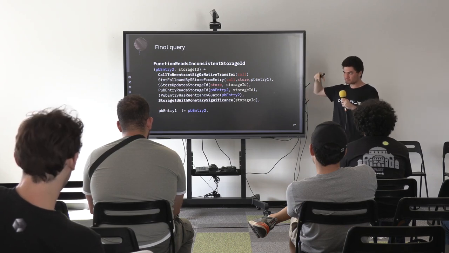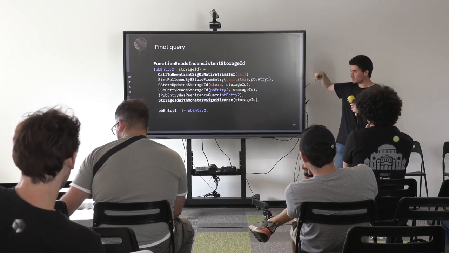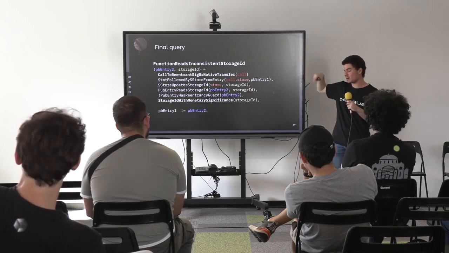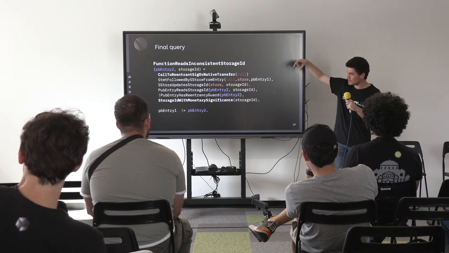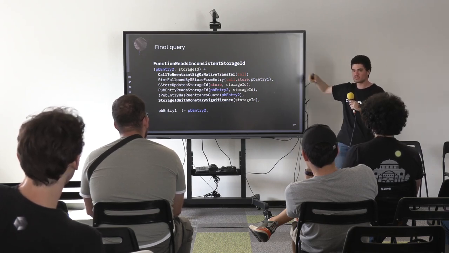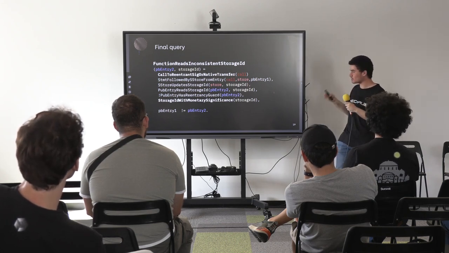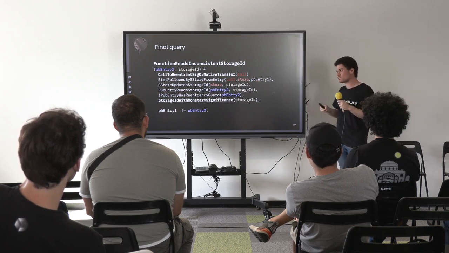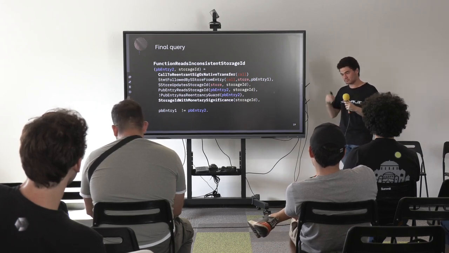And this can propagate in a transitive manner, meaning that if I'm a reentrant implementation and I'm also being called from another signature, then that signature is also possibly reentrant, and so on. So we can come up with a database of reentrant signatures, and this is because we analyze every deployed contract all the time.